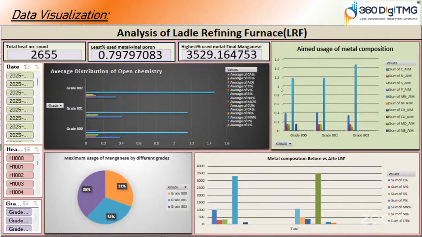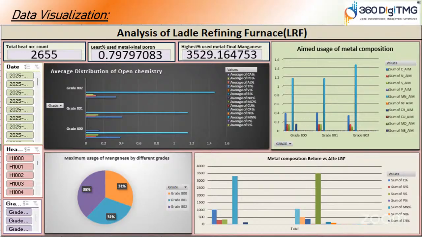And then another bar chart, which shows the aimed usage of metal composition. It represents the target level for elements like carbon and silicon. Grade 802 consistently has the highest target for manganese and phosphorus. This helps benchmark actual versus aimed performance.